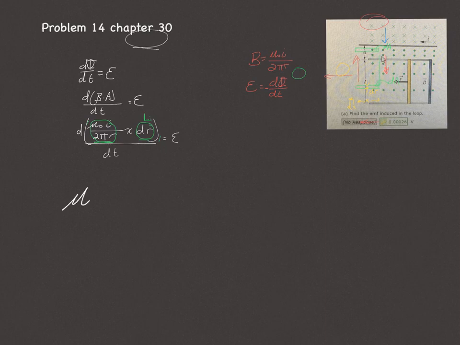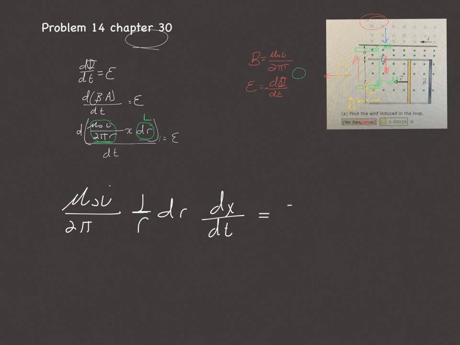So we have mu naught I over 2 pi, 1 over r dr, times dx dt. That's going to be equal to that.